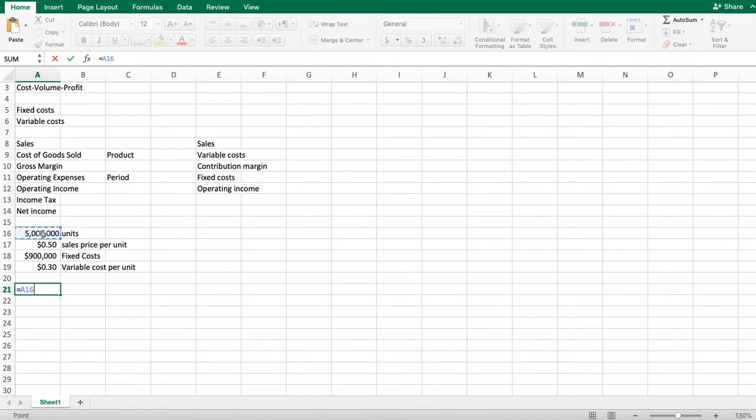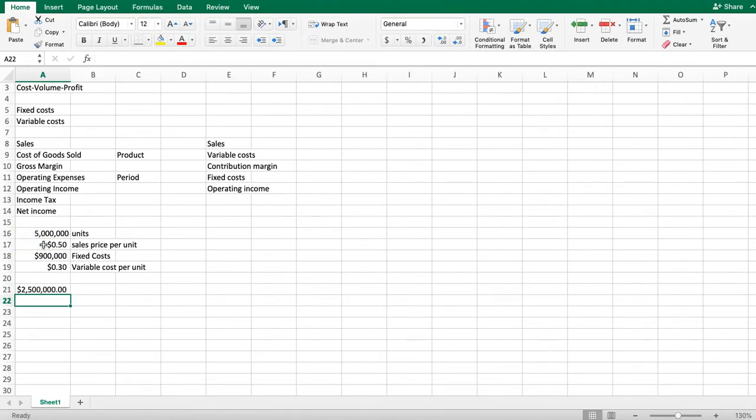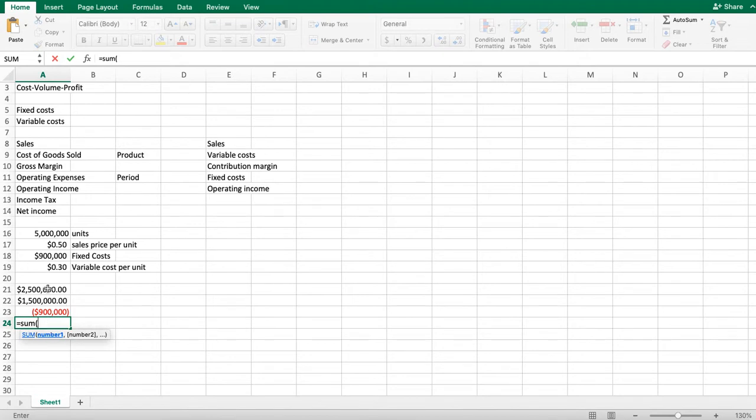So our sales would be our number of units times our sales price per unit, and then our variable cost would be 30 cents for every unit, and then our fixed cost would be $900,000. So our operating income, and I can just do a sum here, is 3.1 million. That doesn't seem right.